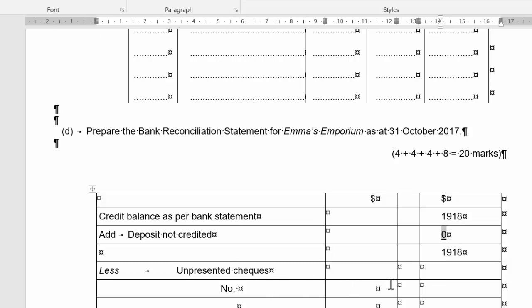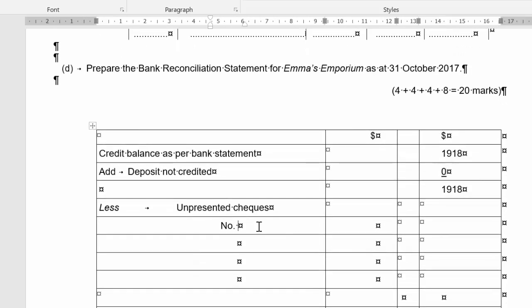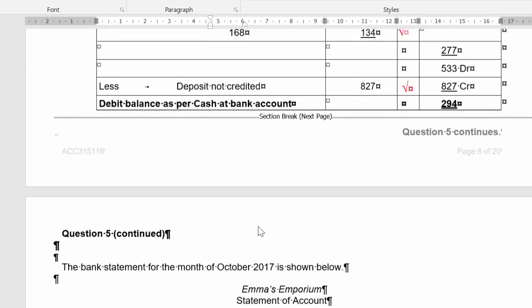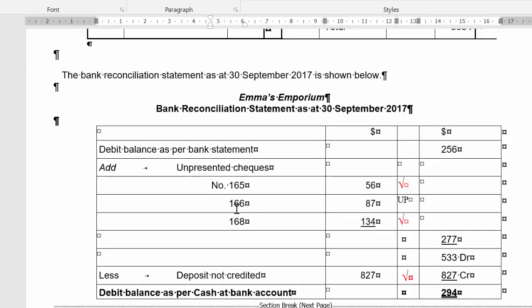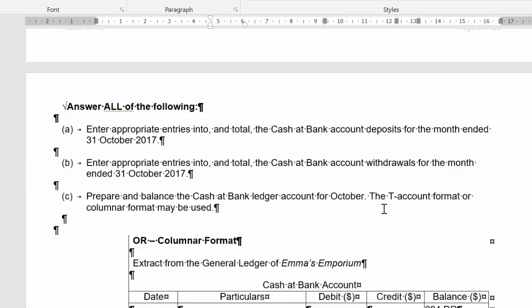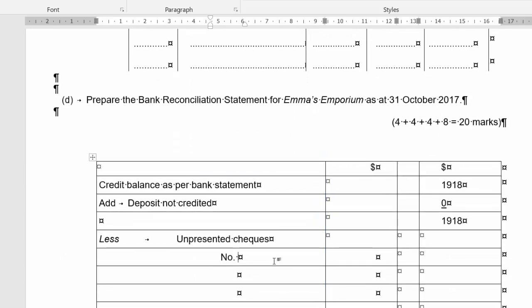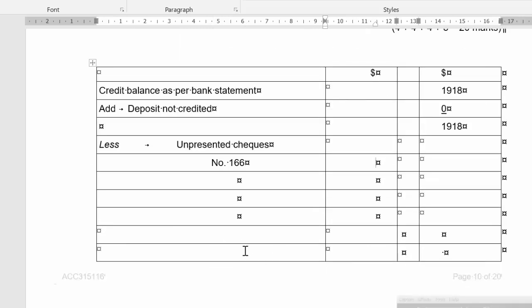And now what I've got to do is work out what my unpresented checks were, and I need to go back to up here to find, in the first instance, check 166 for $87. So I'm going to put that in. 166, $87.